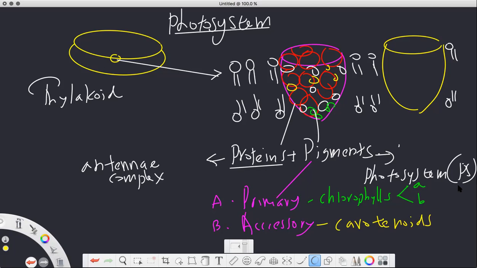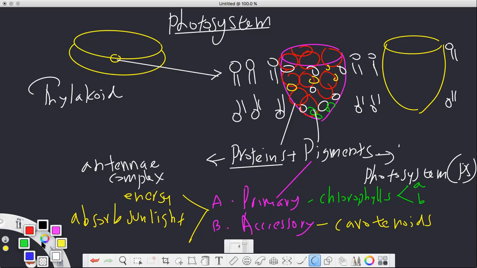But the major role of the primary and accessory pigments is that they can absorb energy from the sunlight. The primary pigments and accessory pigments have the ability to absorb energy from sunlight.